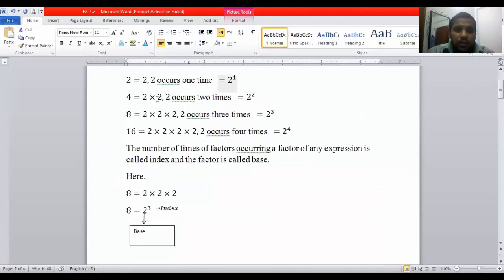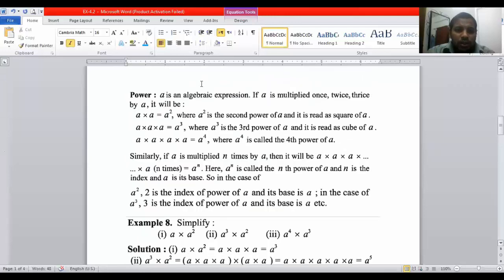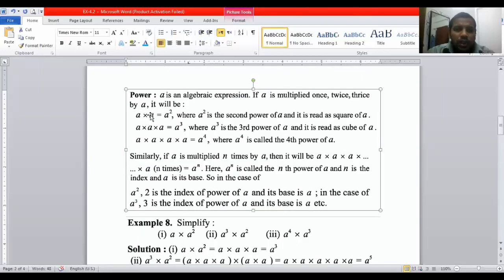Similarly, when it is 2 into 2, it becomes 2 square. When it is 2 into 2 into 2, it becomes 2 cube. So here, it is A into A, that's why A square. A into A into A, that means 3 A's occurring at the same time, that's why it is A cube. Similarly, it is A to the power 4, there are 4 A's.